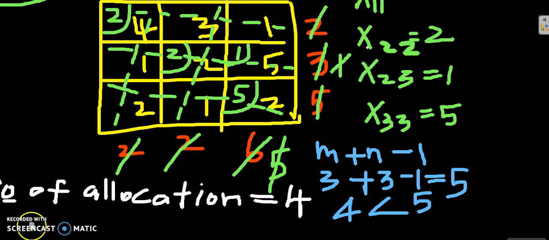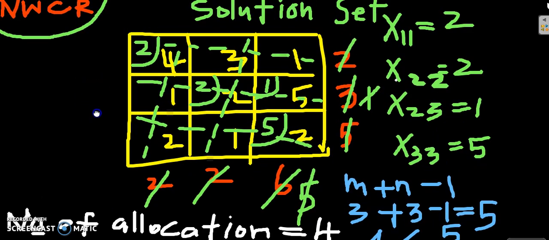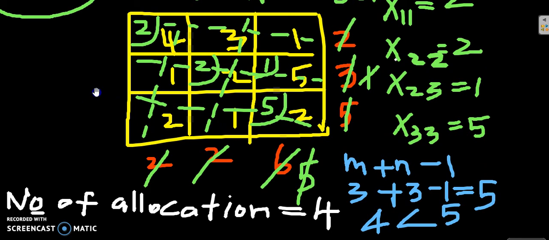But the number of allocations equals 4, while m plus n minus 1 equals 5. What we see is that the number of allocations is less than m plus n minus 1. Therefore the given problem is a degenerate solution.